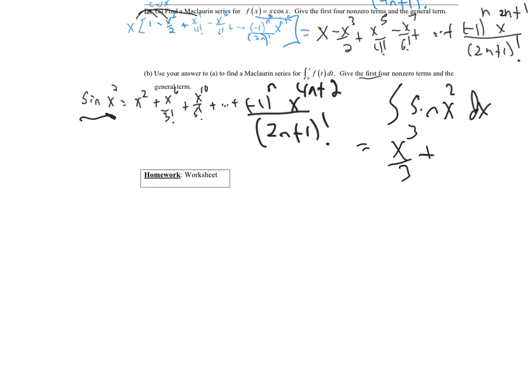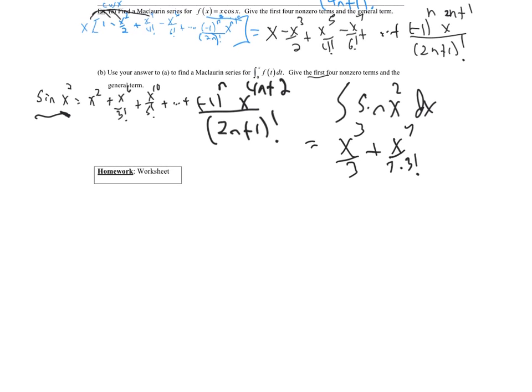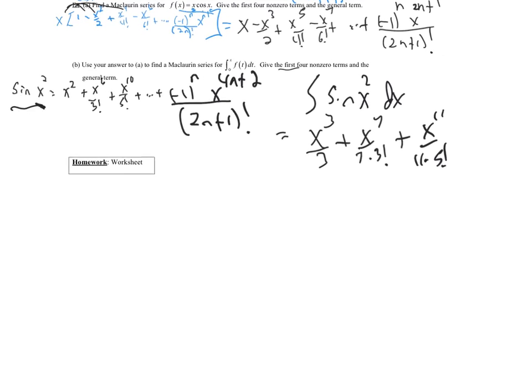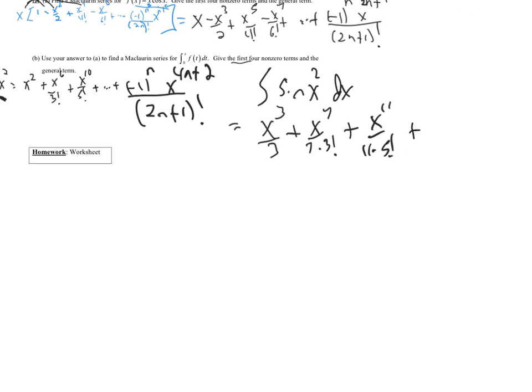Integrate the x to the 6th: x to the 7th divided by 7 times 3 factorial, plus x to the 10th becomes x to the 11th over 11 times 5 factorial. He wants 4 terms, plus it was going to be x to the 14th, so it'd be x to the 15th divided by 15 times 7 factorial plus dot dot dot.